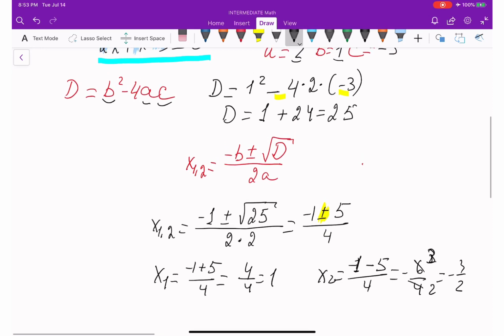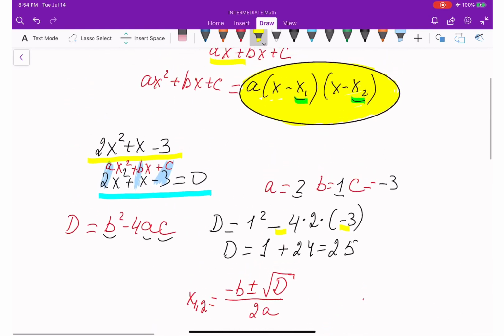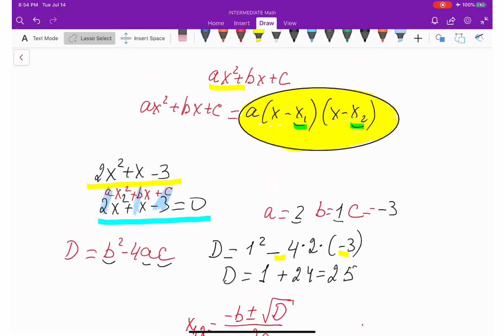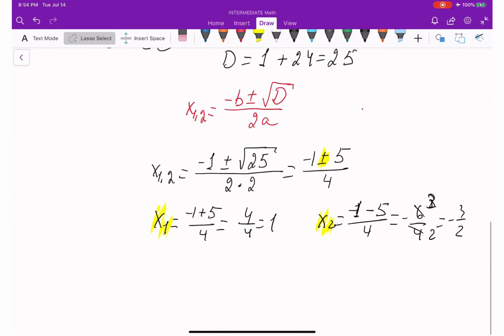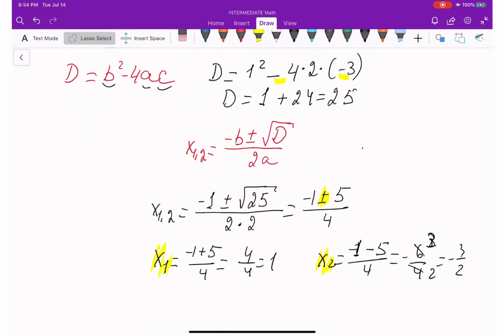Okay, so we have x1 and we have x2. Now all we have to do, let me see, I'm going to copy this and paste it here.